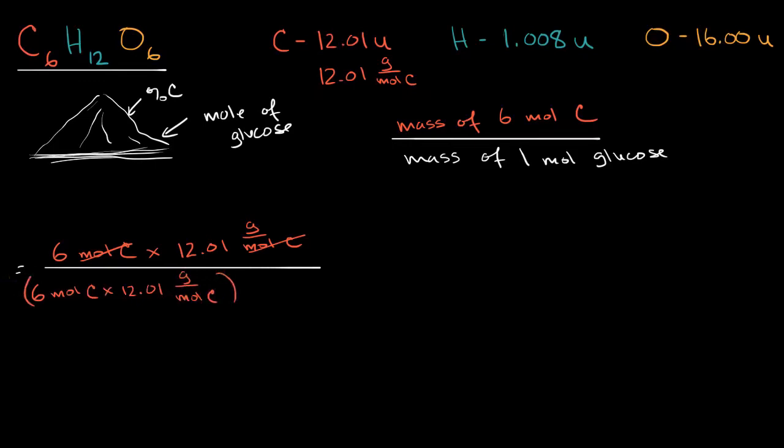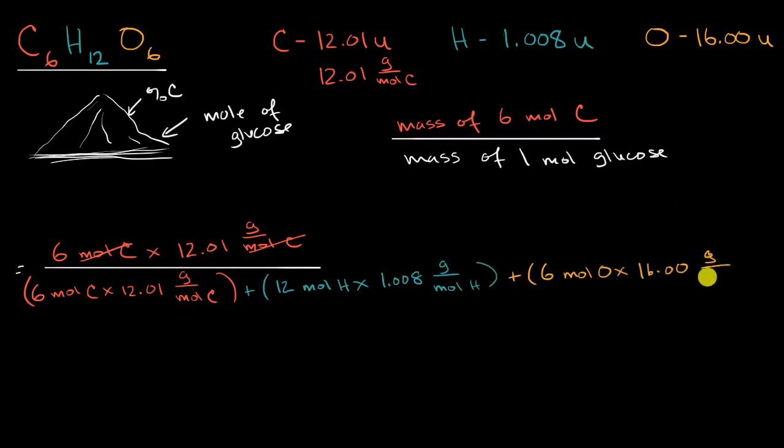To that, we are going to add the mass of 12 moles of hydrogen, so 12 moles of hydrogen times the molar mass of hydrogen, which is going to be 1.008 grams per mole of hydrogen, plus 6 moles of oxygen times the molar mass of oxygen, which is going to be 16.00 grams per mole of oxygen.